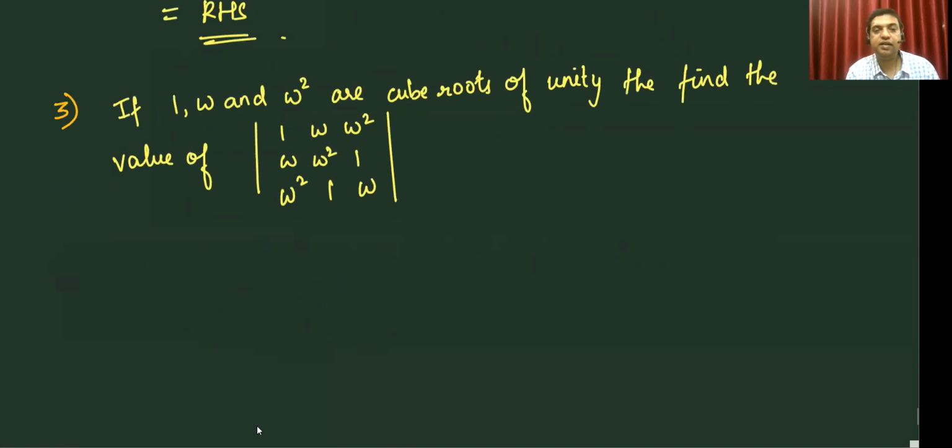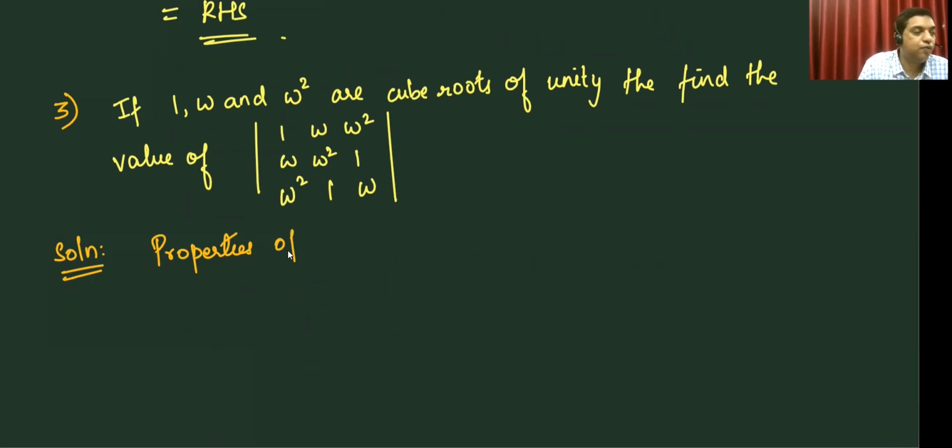Now here you have properties. You will not get this problem just like that. Properties of 1, omega and omega square.